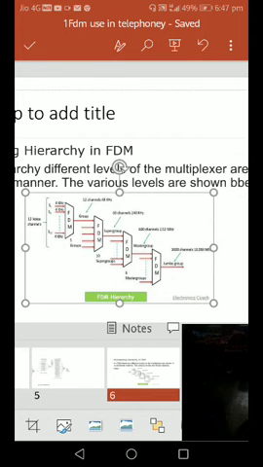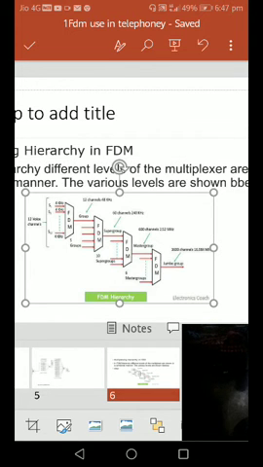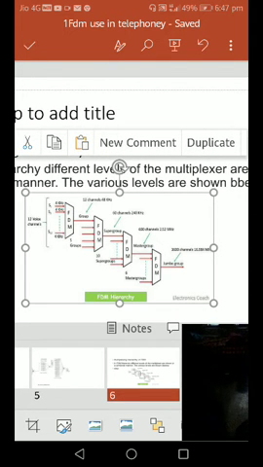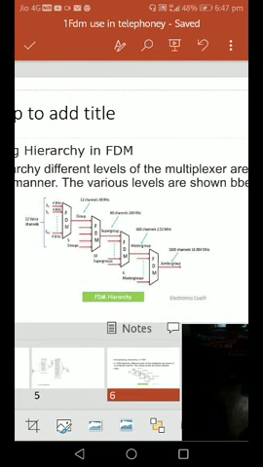A super group has 60 channels and 5 groups, which is equal to 240 kilohertz. 10 super groups make a master group of 600 channels, and the total bandwidth is equal to 2.52 megahertz. The output of the jumbo group is equal to 600 into 6, that is equal to 3600 channels. The total bandwidth is multiplied from the previous 2.52 megahertz to 16.984 megahertz.